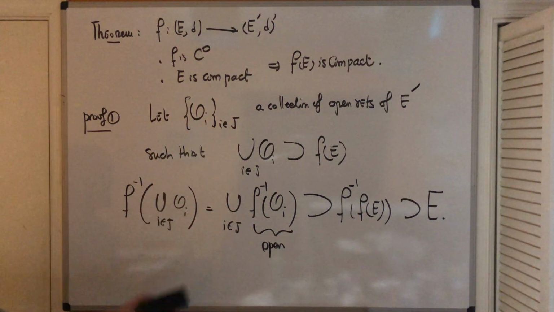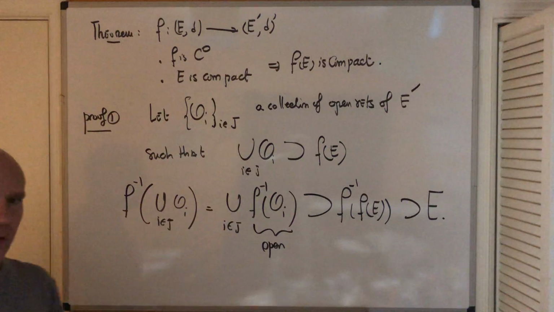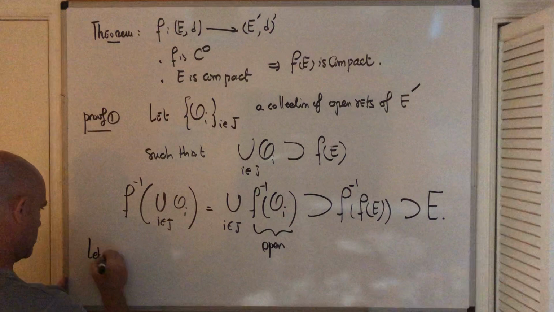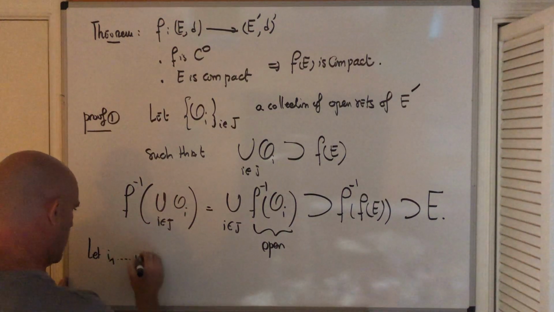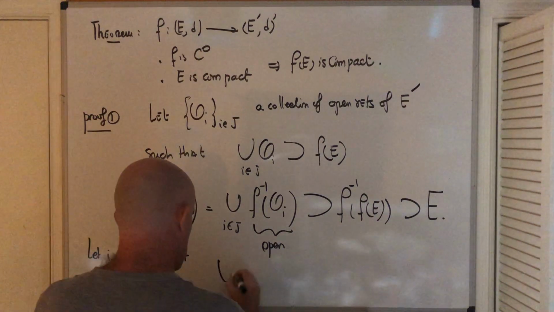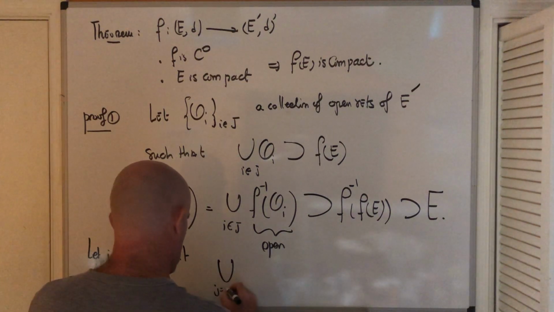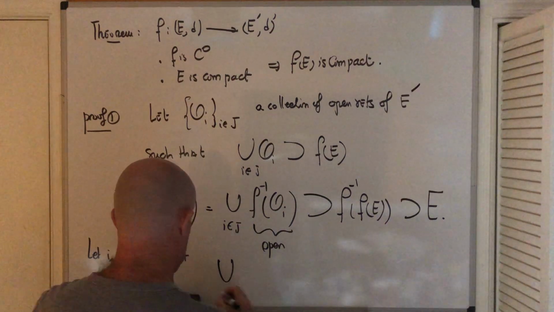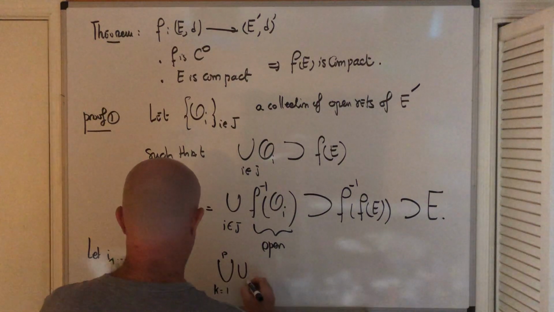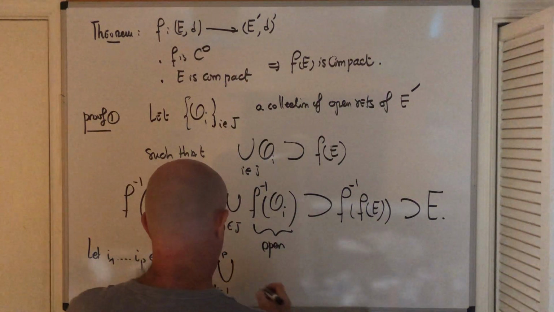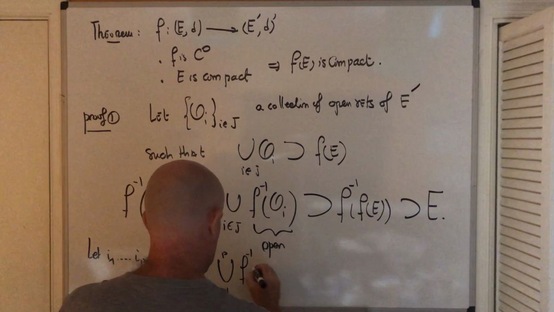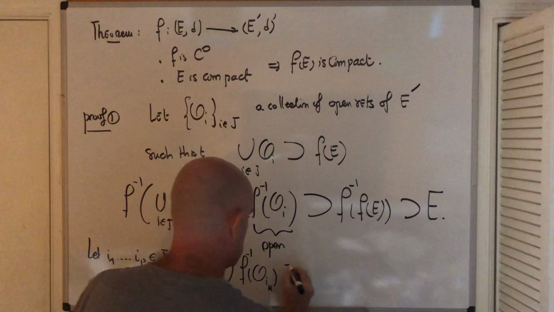Now E is compact, so I can deduce a finite covering for E. So let i_1, ..., i_p belonging to J be such that the union from k equal 1 up to p of f^{-1}(O_{i_k}) still covers E.